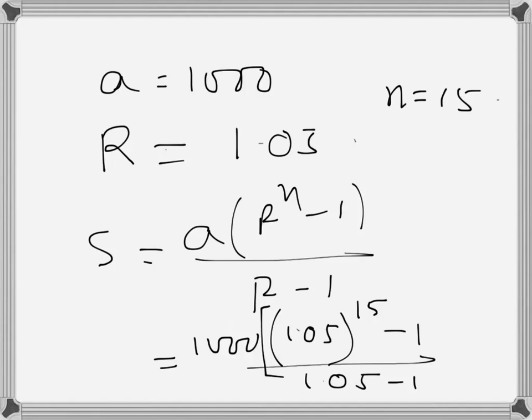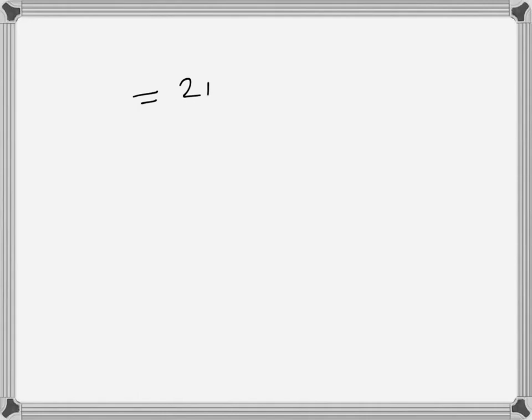So the amount is $21,578.56, and this is the first option. The amount that is generated in the end is this much.